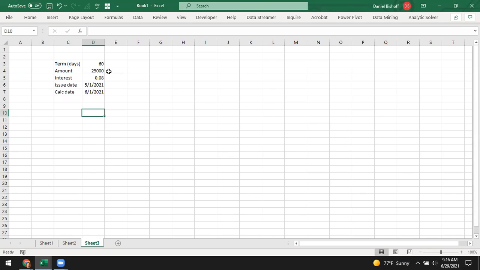One way to do this is we know interest is always in terms of an annual percent rate. So we can take our interest and multiply it by our term divided by 360, multiplied by 25,000. And that gets us the total interest over the term of this loan.